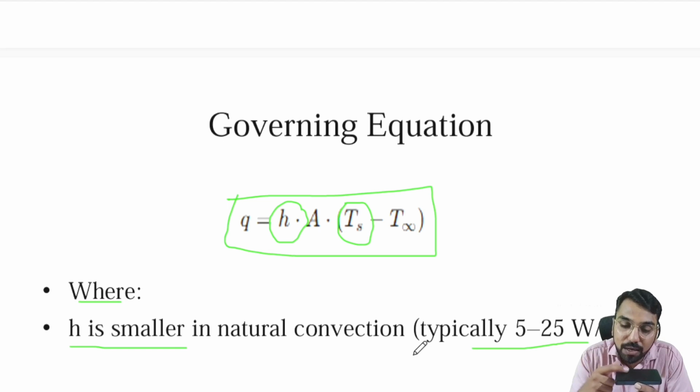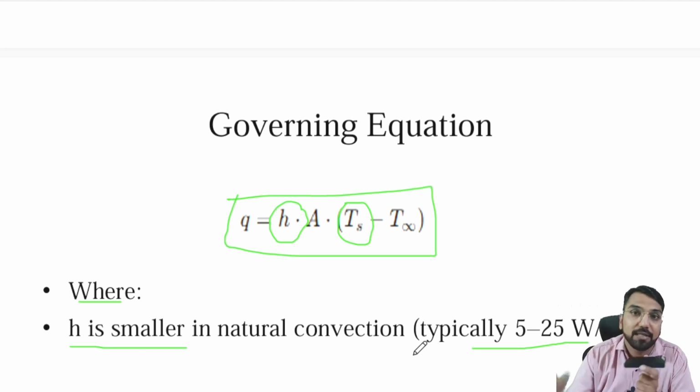So the flow of fluid will always be due to the convection current, and that's why the h, the convective heat transfer coefficient, which is mainly dependent on the flow properties or the fluid properties. So that's why in natural convection the h value should be smaller than in forced convection.